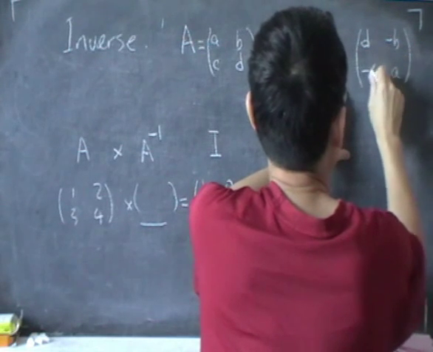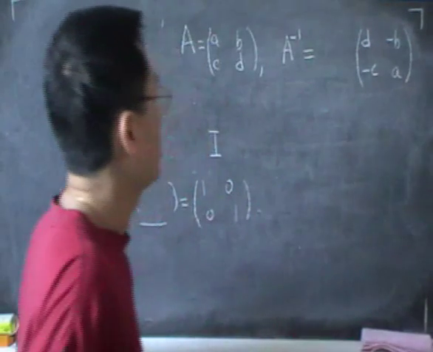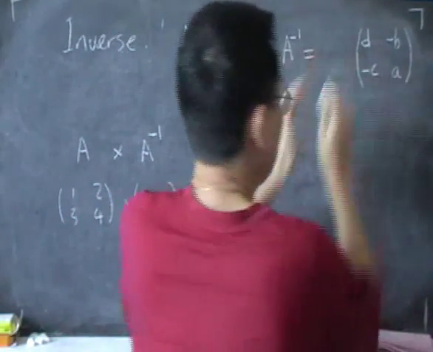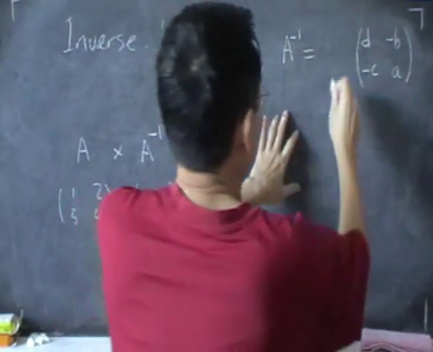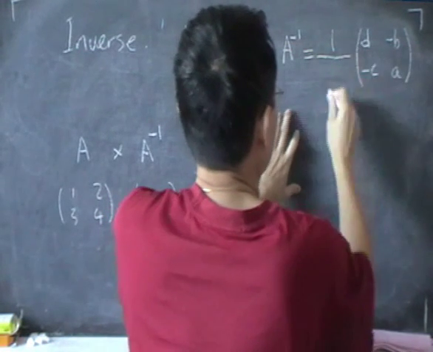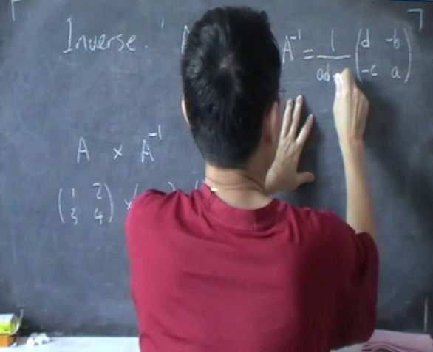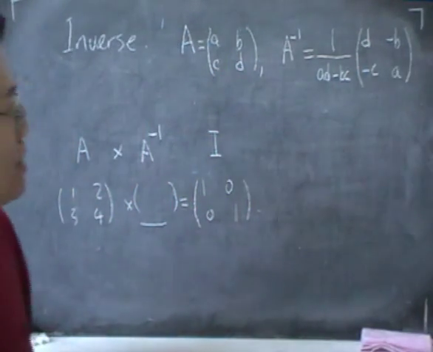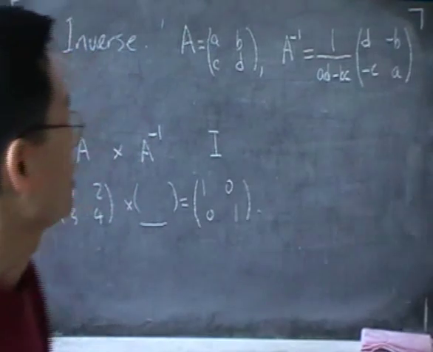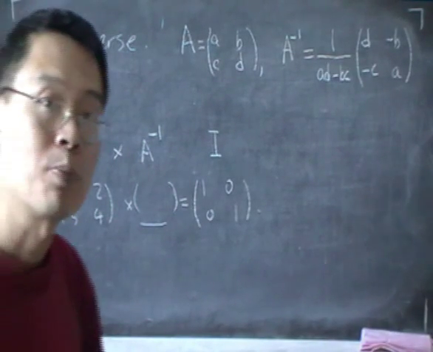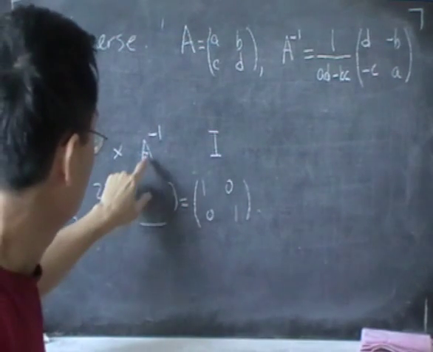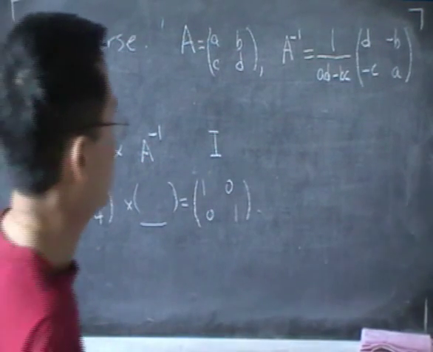Minus B, minus C. And you need to multiply the whole thing by a number. And the number is 1 over AB minus BC. So that is certainly a little complicated. It takes some getting used to. Now let's see how we can use this to find this answer.